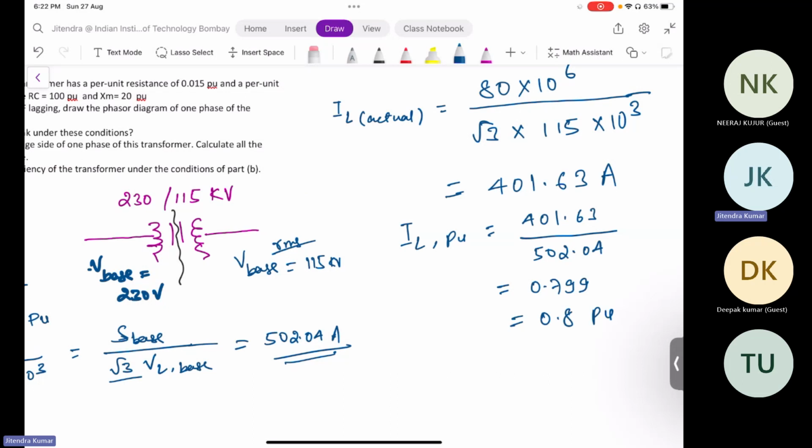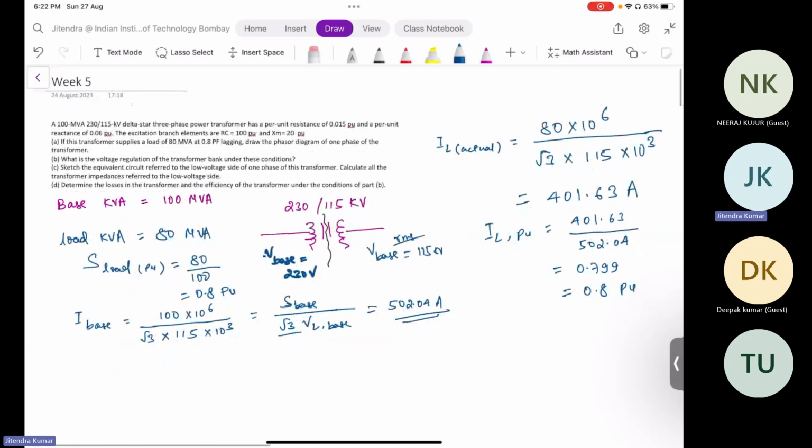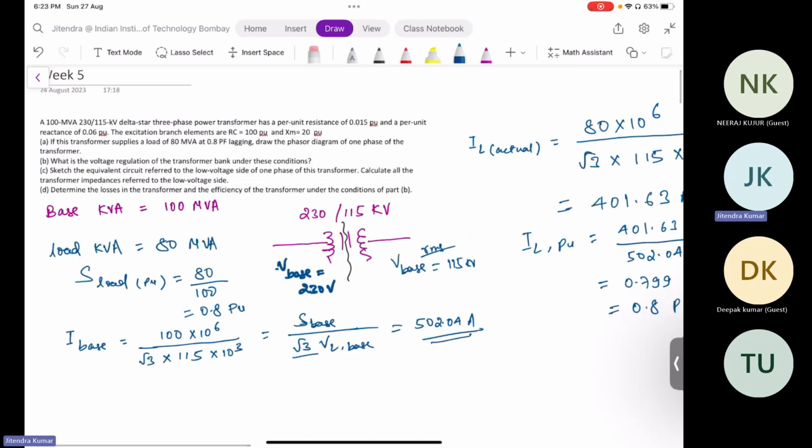After doing such a lengthy computation, we could have directly said that the load current is 0.8 per unit. Why? Because load kVA is 80 and base kVA is 100, and the voltage ratings are the same. As the load kVA changes, the per unit current changes.